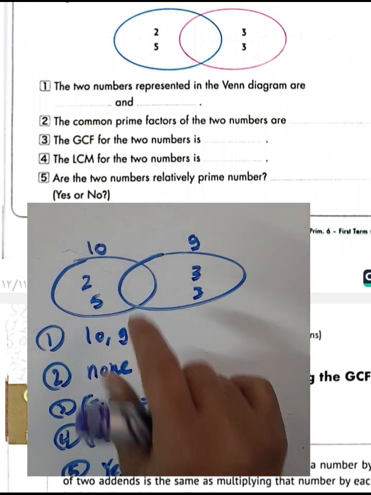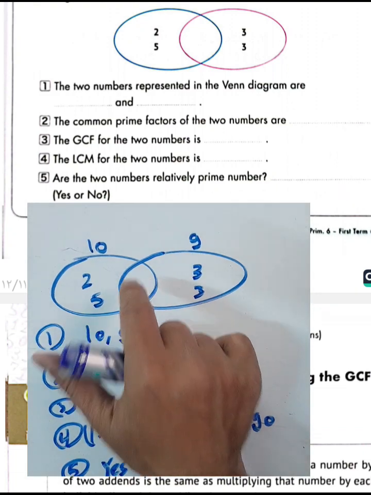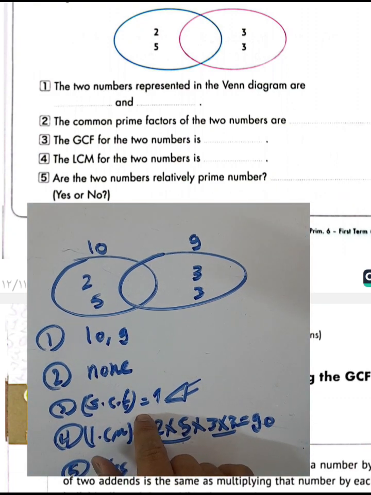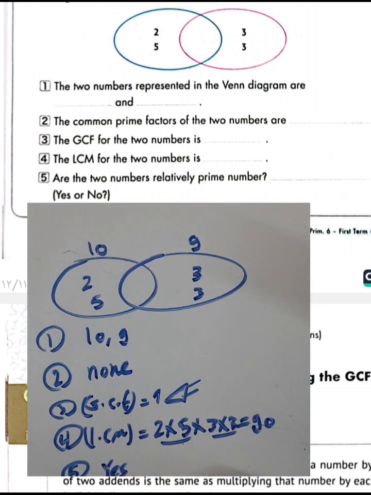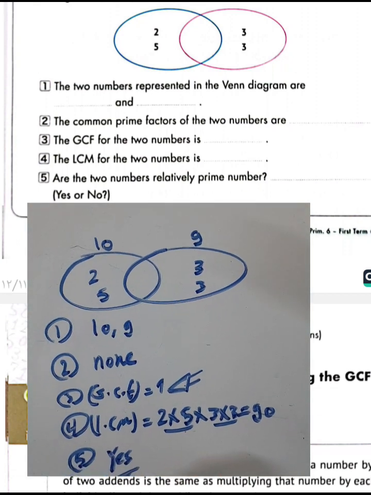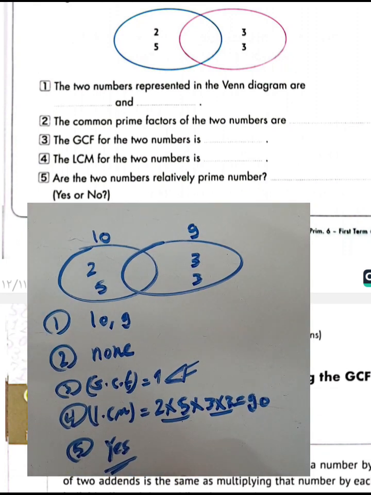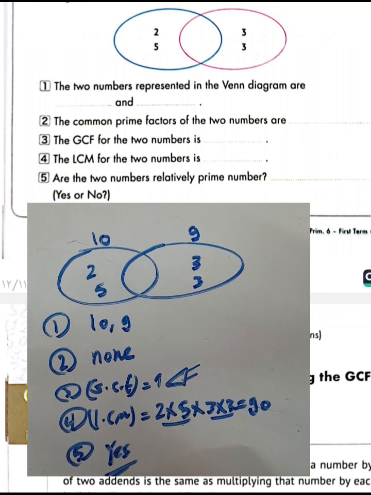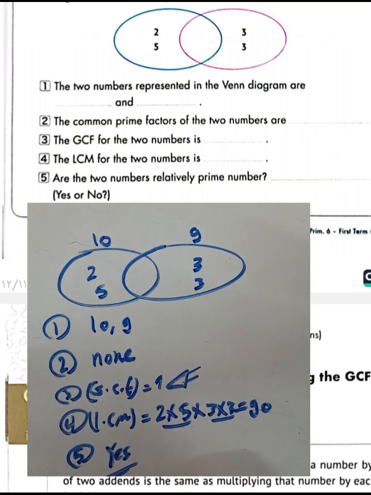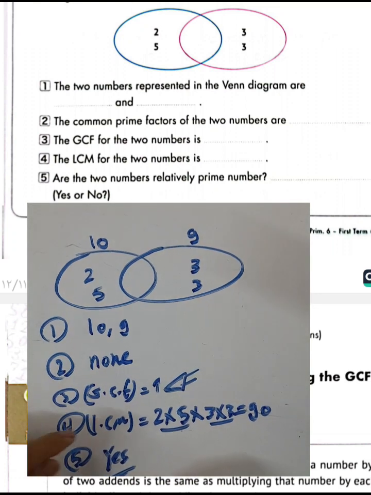But if the greatest common factor between them were another number, we couldn't say the two numbers are relatively prime. But in this example, they are relatively prime because the highest common factor between them equals 1.